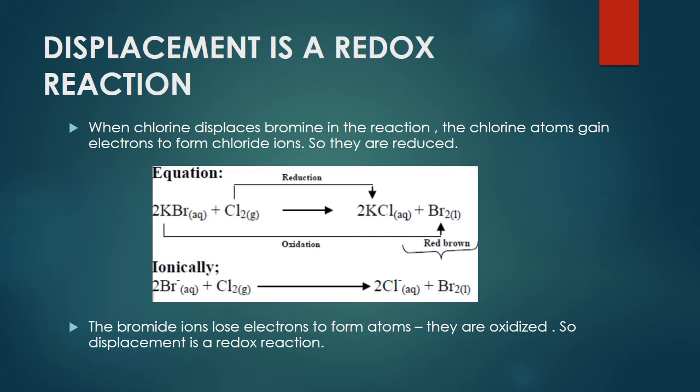On the other hand, the bromide ions lost electrons and they will form bromine atoms, and the bromine atoms will combine to form a diatomic molecule. It will get released. So in that case, the chloride ions will attract towards positively charged potassium ions and form potassium chloride. Is it clear?